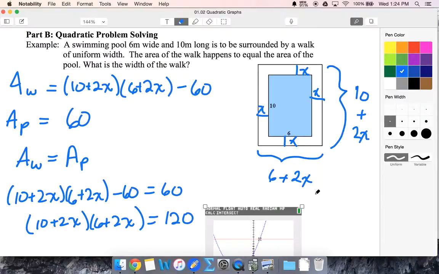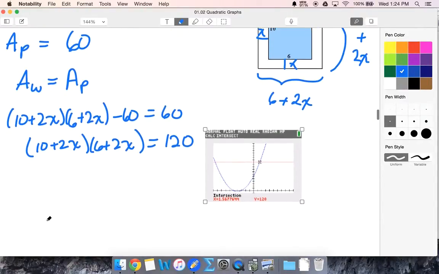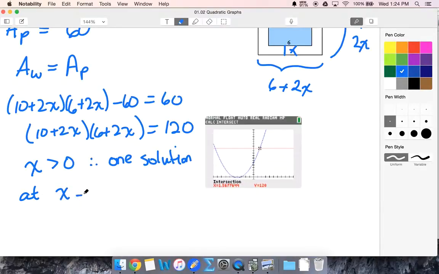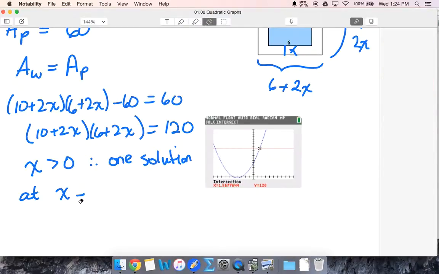Okay, so now as I think about this solution, I'm ignoring the negative value, but I want to know that you know there were two solutions. So if we write that x has to be greater than 0, therefore one solution at x, and then it's not equal because I'm going to have to round this.